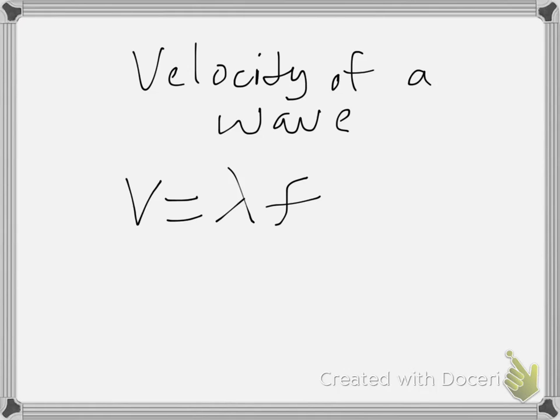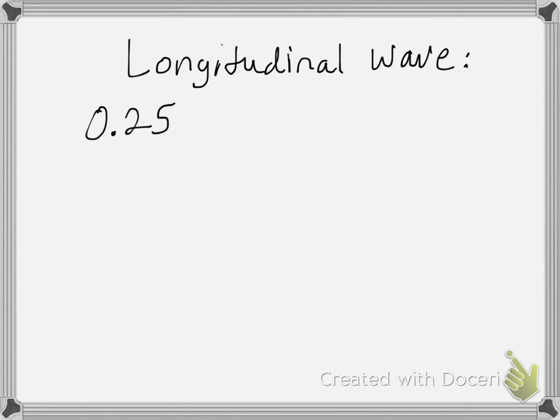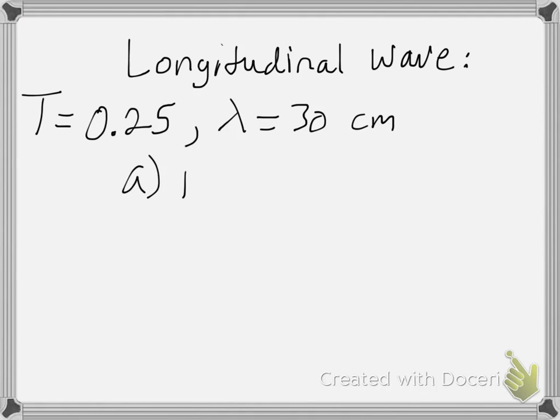In this case, we have a longitudinal wave traveling through a slinky, and it has a period of 0.25 seconds (we denote period with T) and a wavelength of 30 centimeters. We want to know what the frequency is, and what the speed of the wave is.